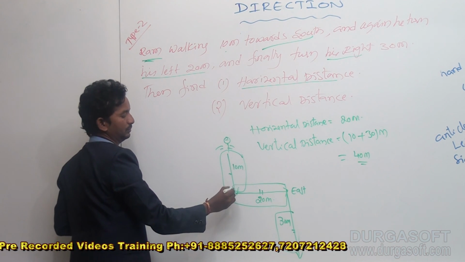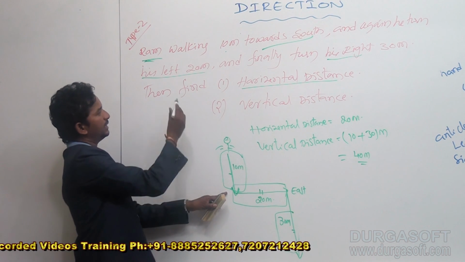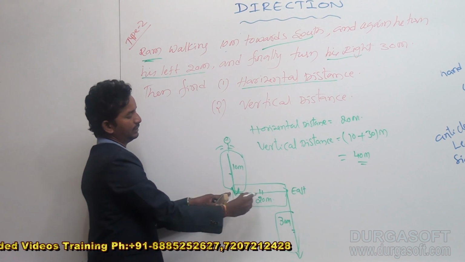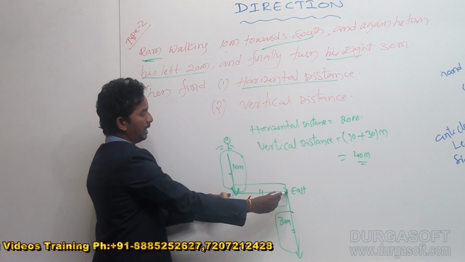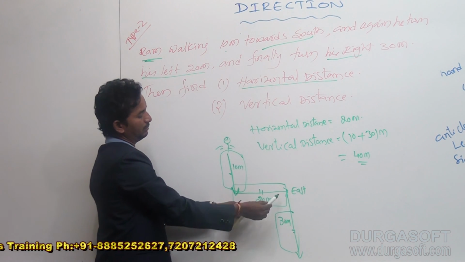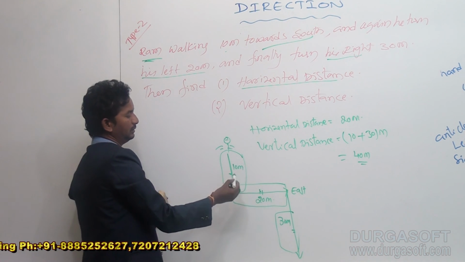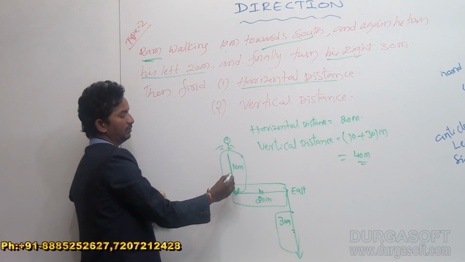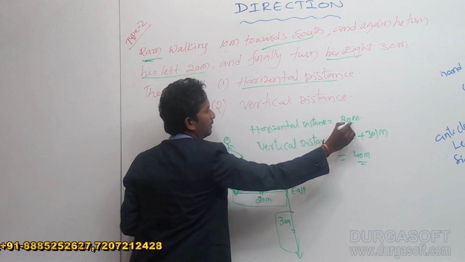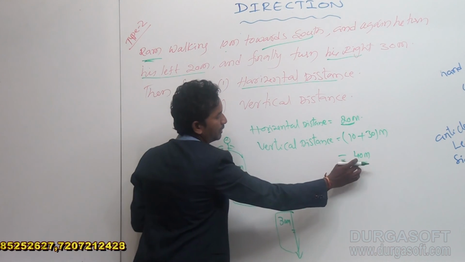Then he turns left, south, left is east, 20 meters, and finally turns right, east, right, again south. This is the horizontal distance, only 20 meters, and the vertical distance is 10 plus 30, equal to 40 meters.